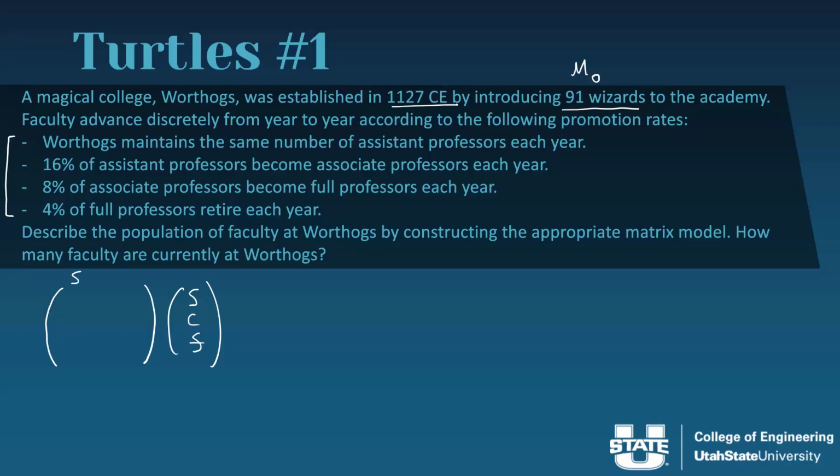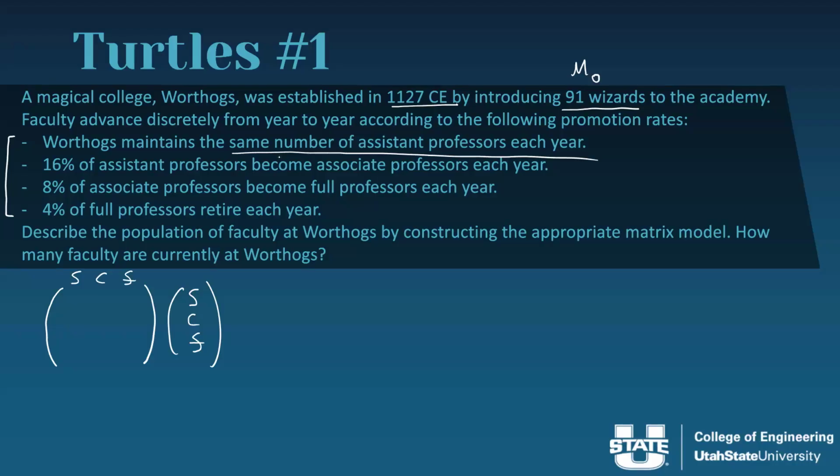When I set these up, I like to write it across the top to remind myself what relationship I'm looking at. It says Warthogs maintains the same number of assistant professors each year. So this first row is going to add up to equal my assistant professors at the end. My second row will give me my associate professors. Third row will give me full.